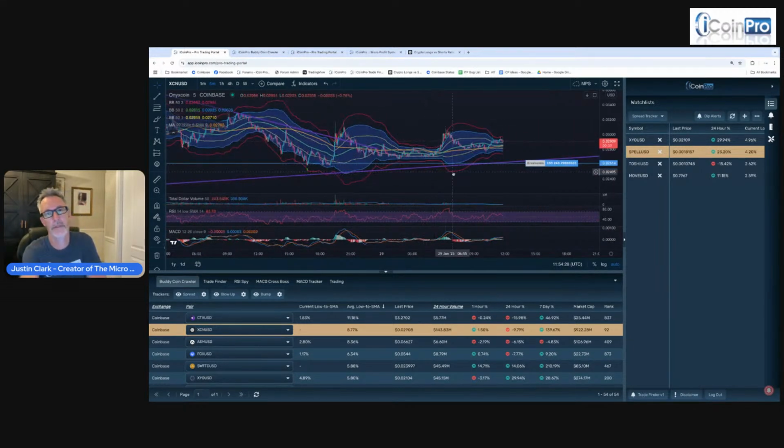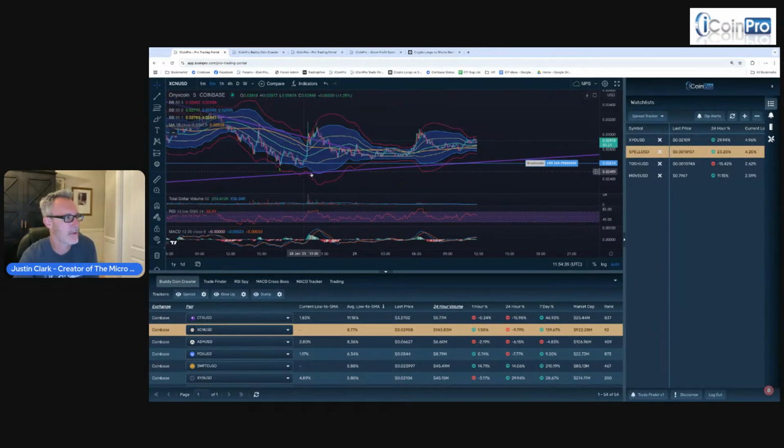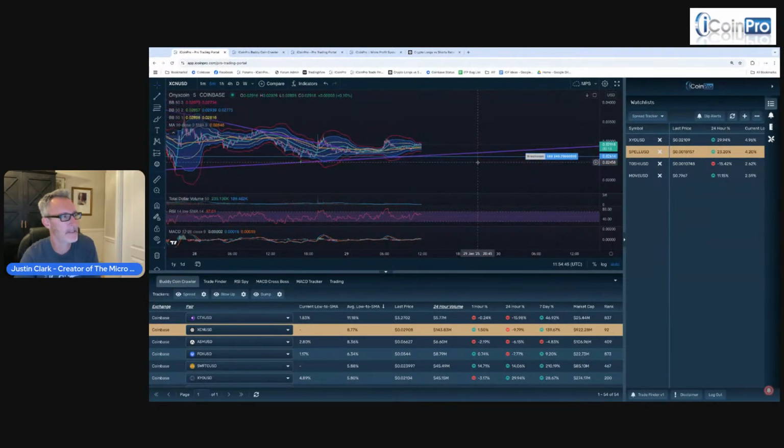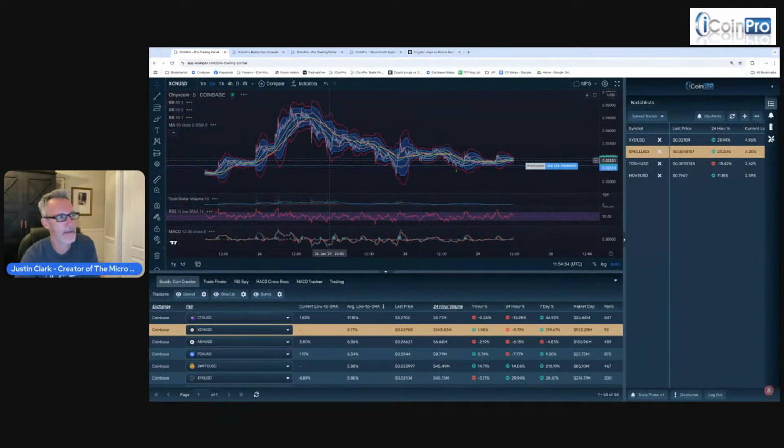With this market being super high, we've got to be so careful about any that are just sliding down the Bollinger Band. We want to see up, down, looks jagged like a saw. That's what we want to see, and a good noisy chart where it's cutting through everything. At some point, one of these coins is not going to keep going and it's going to have a big dump, right?